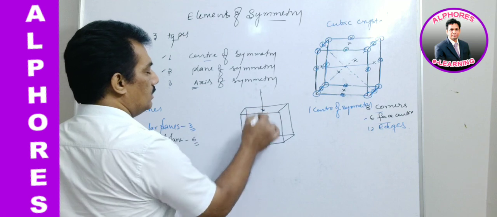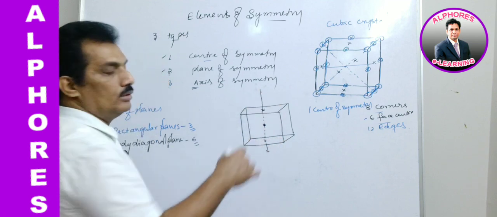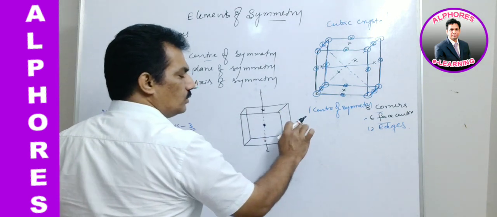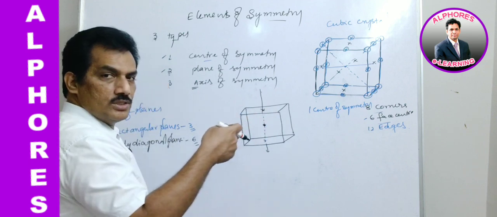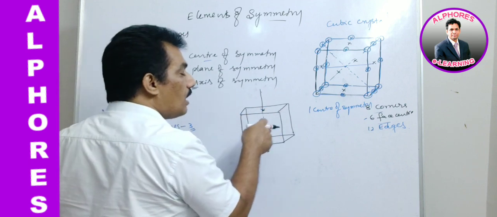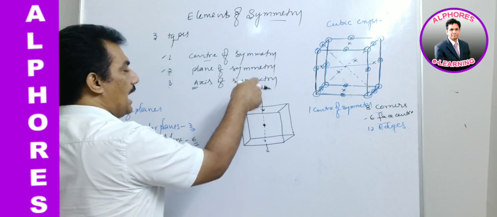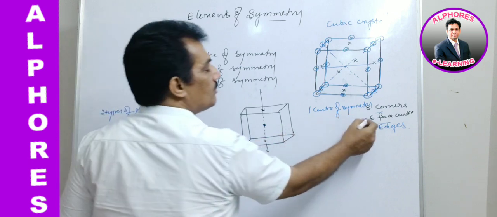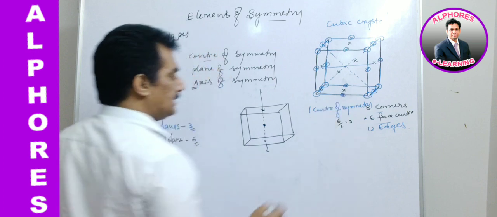For example, here it covers 2 opposite face centers, and a similar axis we can draw through these 2 faces or through these 2 faces. Is it not? Like that, we get a similar appearance by passing the axis through 2 face centers. Totally from 6 face centers, 6 by 2, that is 3 axes.